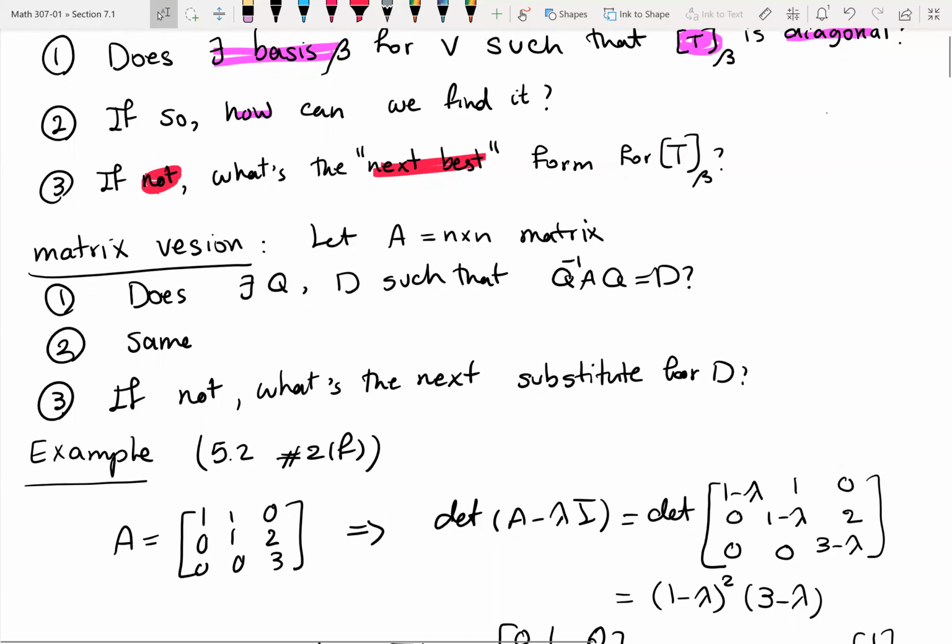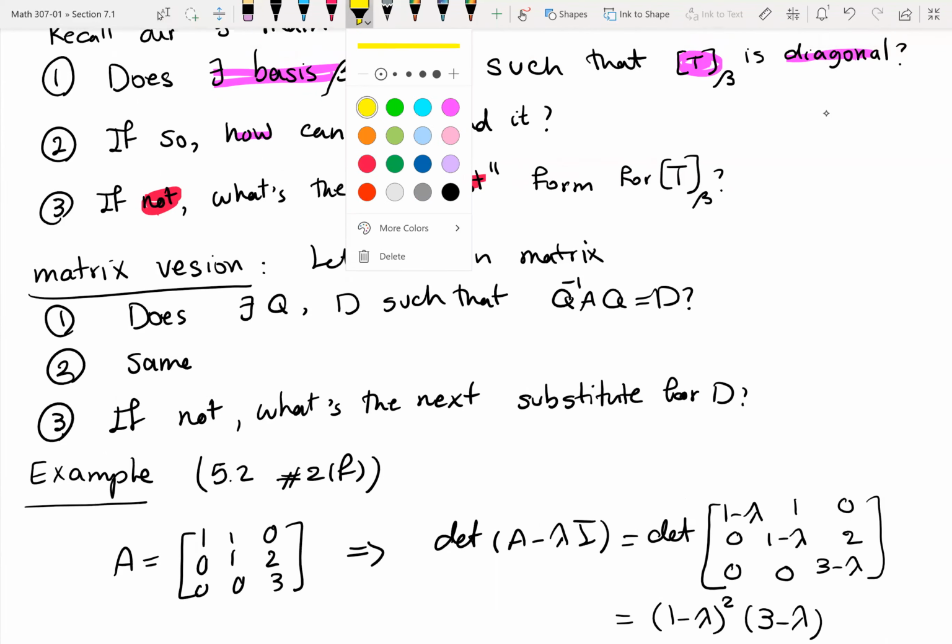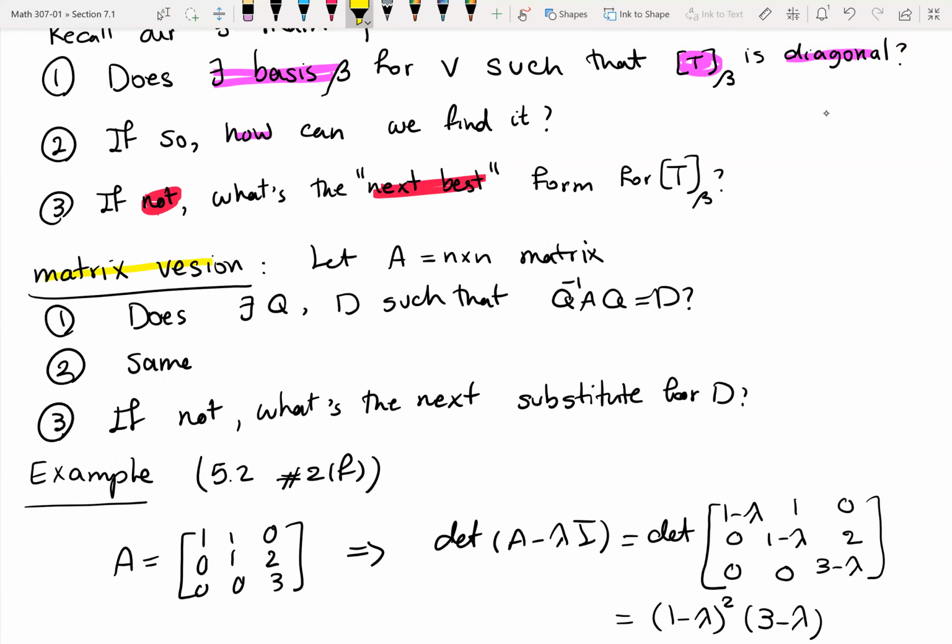If I translate whatever I wrote on top into the matrix version that we saw in the previous course: the first question was whether there exists a basis such that the matrix transformation is diagonal. Here, there exists a Q such that D can be written in this form.